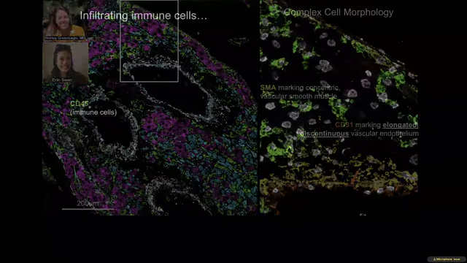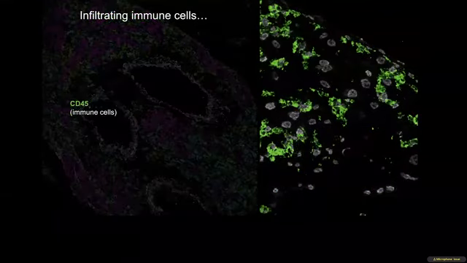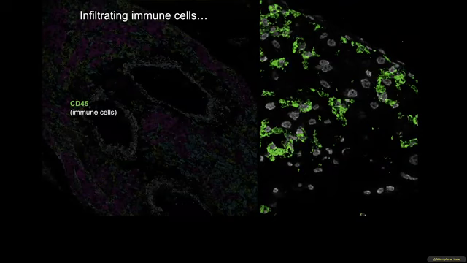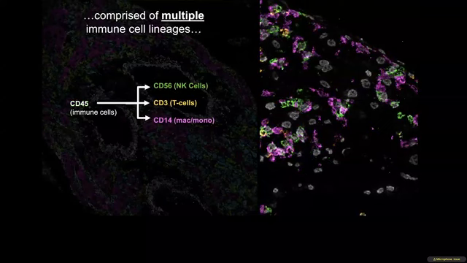And so then there's a very huge diversity of immune cells that are present in the tissue as well, and they're all spatially very compact on top of one another. So here with CD45, we can see all the immune cells, and if we want to break it down by lineage, the three major lineages of immune cells that we find in there are NK cells, T cells, and monos.